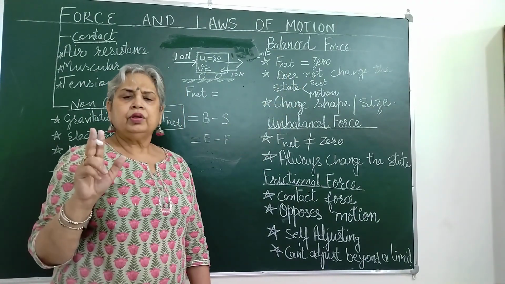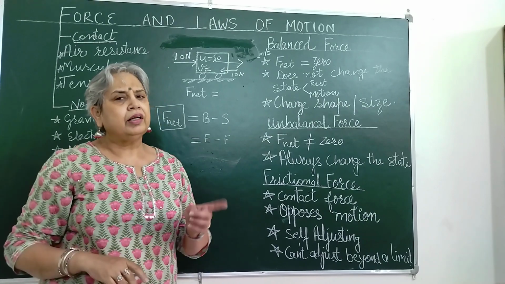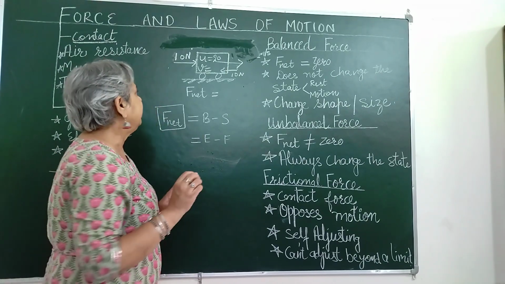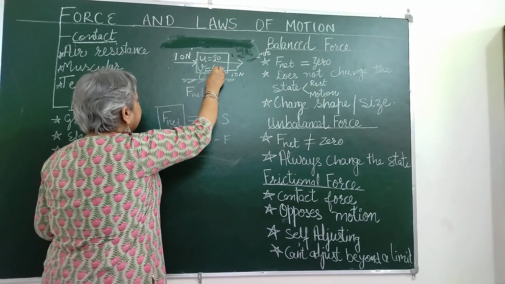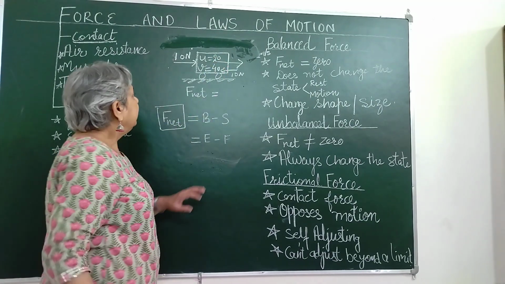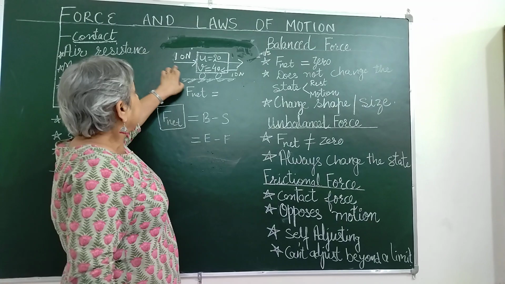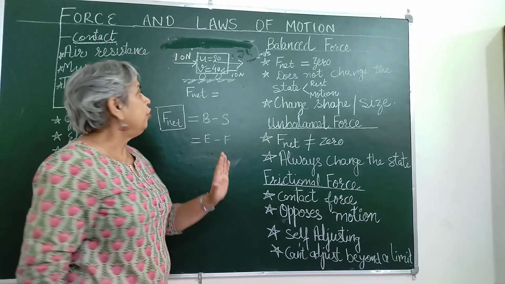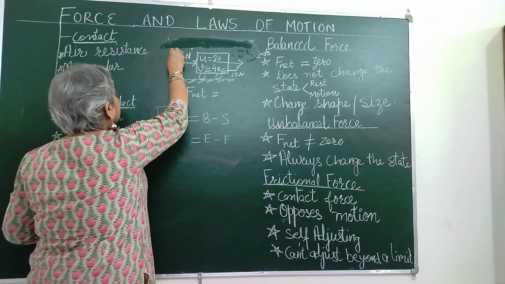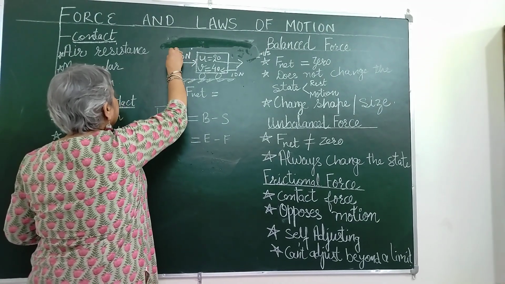So, there are two things, speed and direction. Even if one is changing, velocity is changing. So, I want to increase the velocity from 20 to 40. Now, I have to change the force from 10 Newton to 20 Newton.